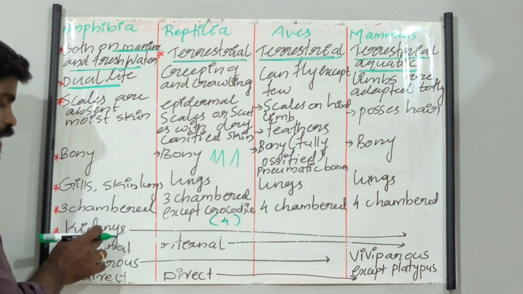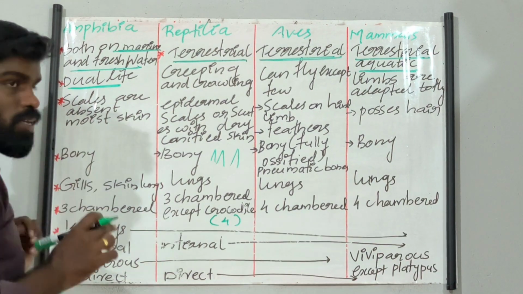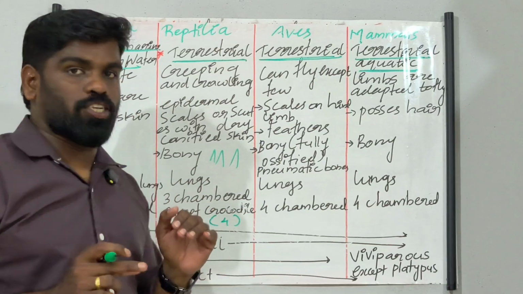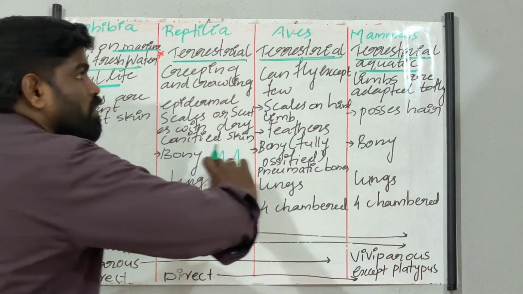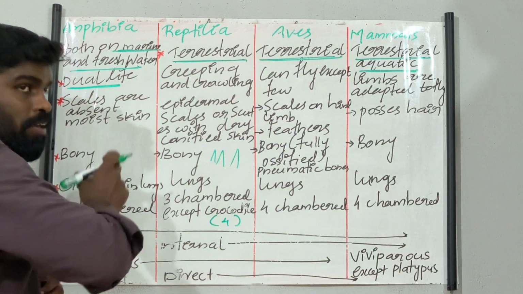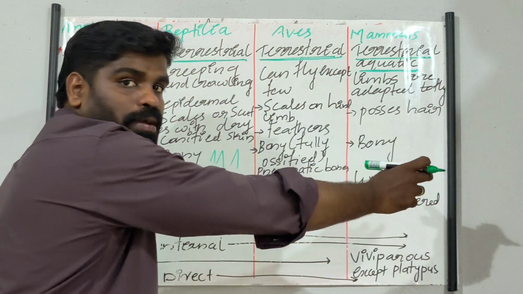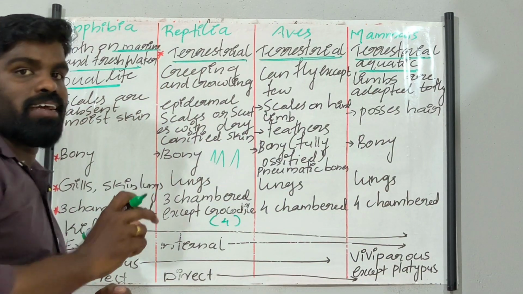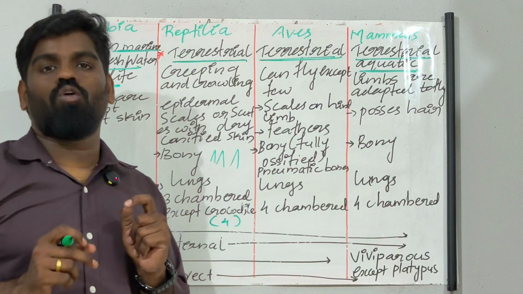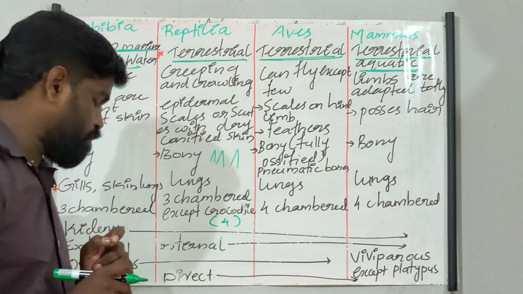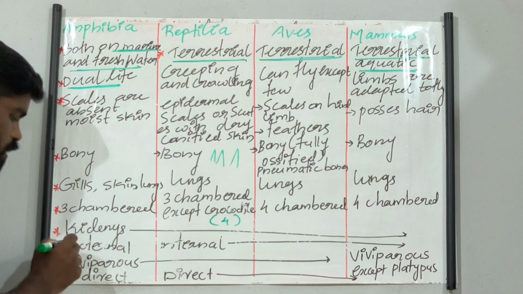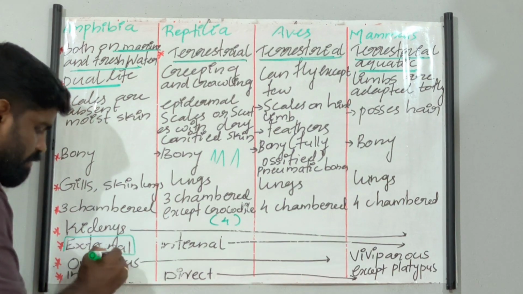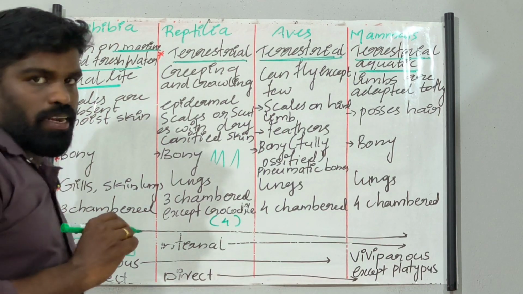Now, excretion and osmoregulation take place with the help of kidneys in all the classes like amphibia, reptilia, aves and mammals. Kidney acts as an excretory and osmoregulatory organ. Now, in case of amphibia, fertilization takes place externally.